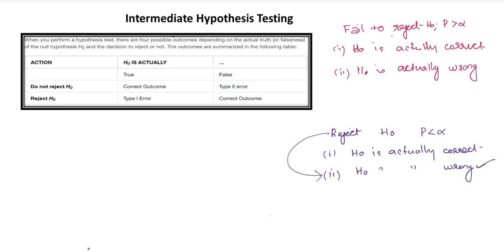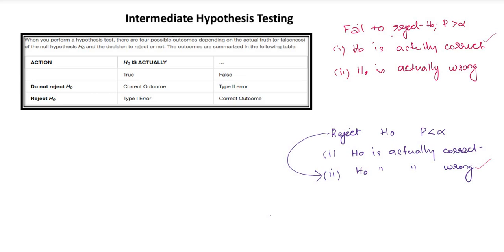The other possibility is that we fail to reject, meaning we accept H naught when it is correct. That is again a correct decision. We accept it, it is correct, and we reject it, it is wrong. There is nothing wrong with those two decisions.